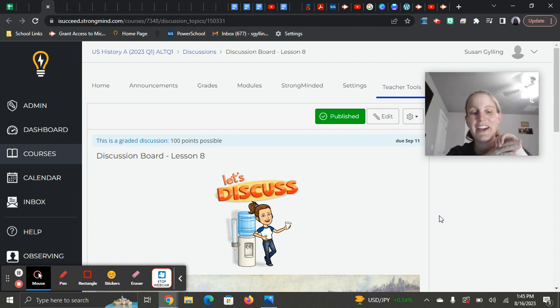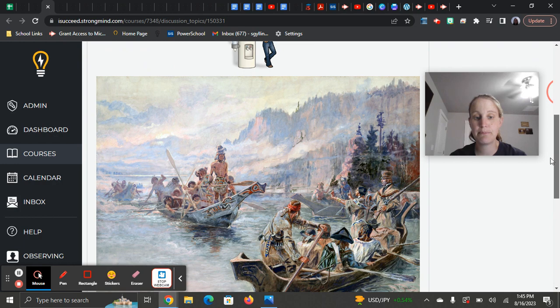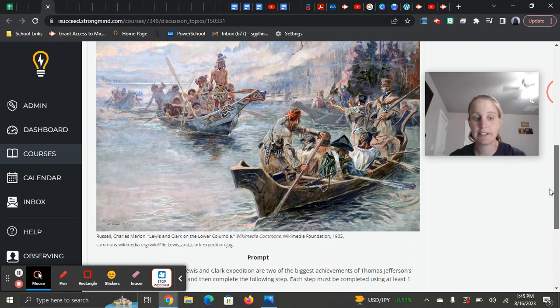So there you go. All right, let's talk about your discussion prompt for lesson 8. So lesson 8 starts with a picture right here. And this picture is an awesome one that's going to help you understand a little bit more about the Lewis and Clark expedition.